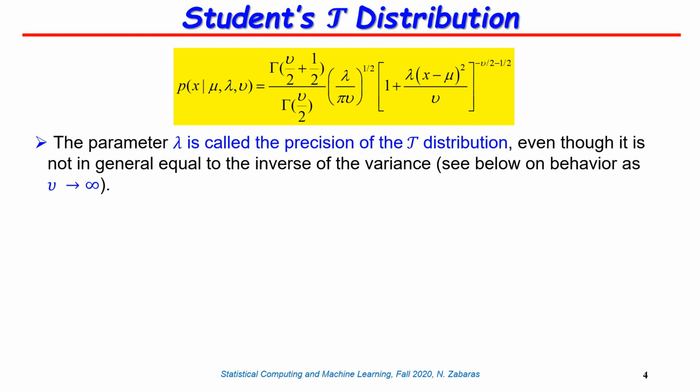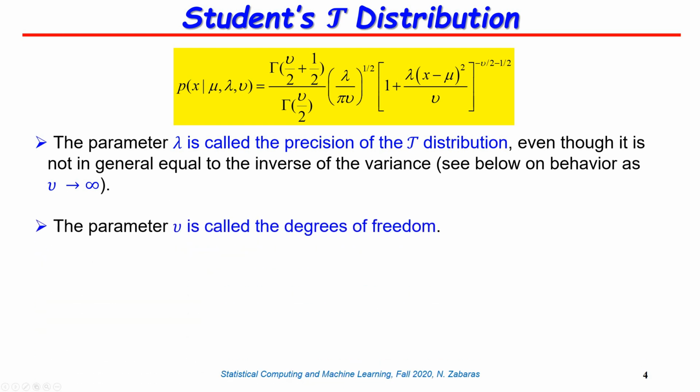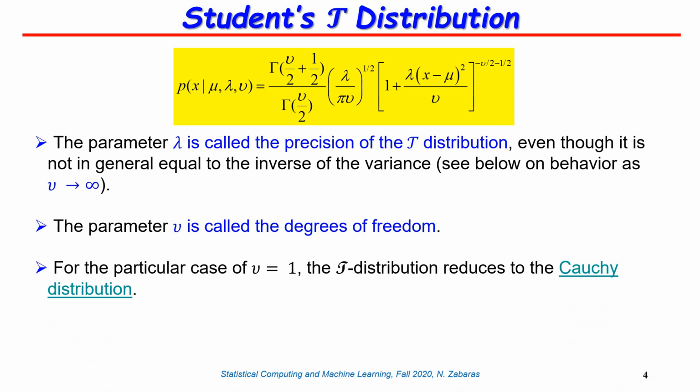You may see in books lambda being called the precision, but I can tell you before we prove it that it actually turns out to be the precision of the student T distribution only in the limit when the degrees of freedom go to infinity. So nu is the degrees of freedom, and even though we have not seen the Cauchy distribution, I can tell you when the degrees of freedom are equal to 1, the student T distribution becomes the Cauchy distribution.